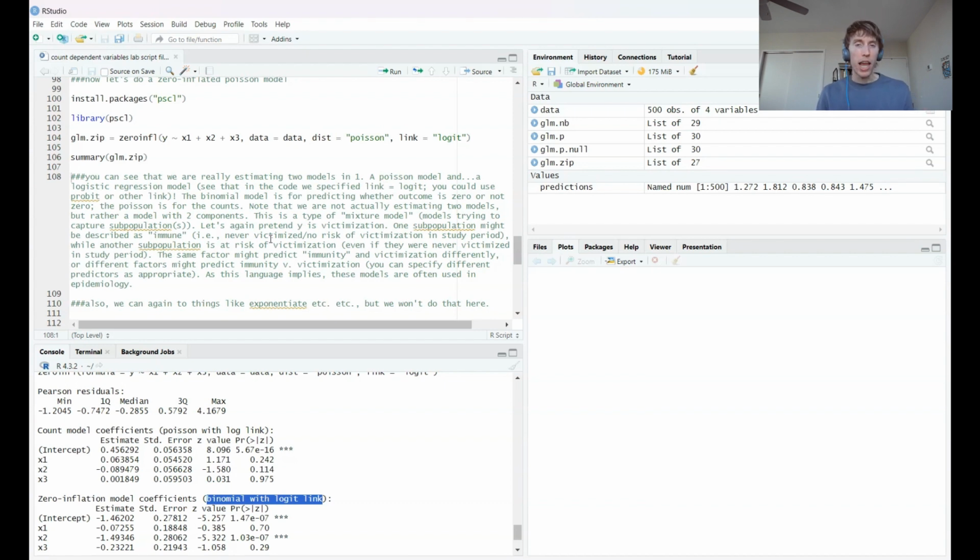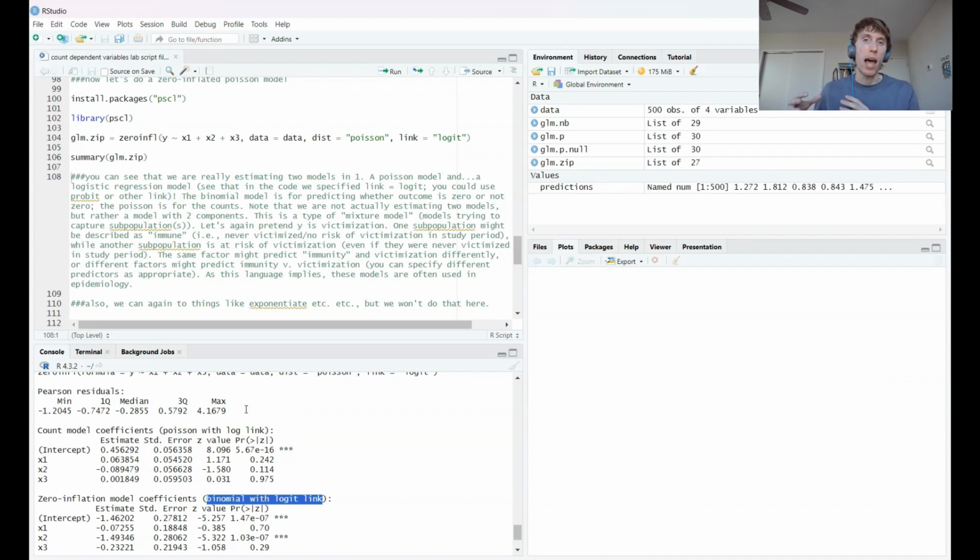So in this case, what we're actually trying to capture, and I'm going to use the example that I've had experience running these models with, things like criminal victimization, especially certain types of criminal victimization, where basically we have two groups of people, where one group we could almost consider, and the language often used is immune, as people that basically have no risk of being victimized in a particular way, to use that as an example.